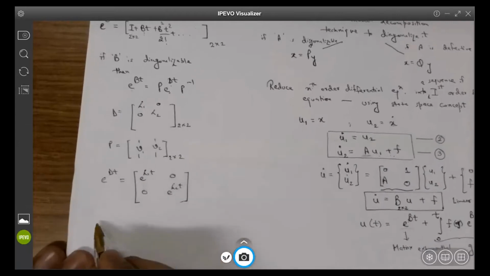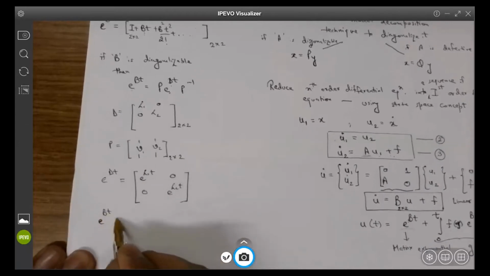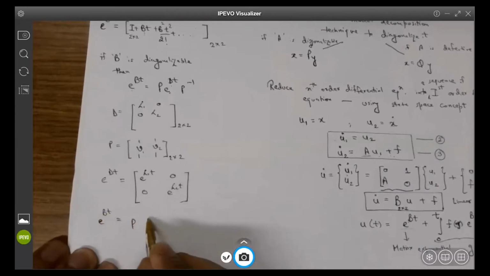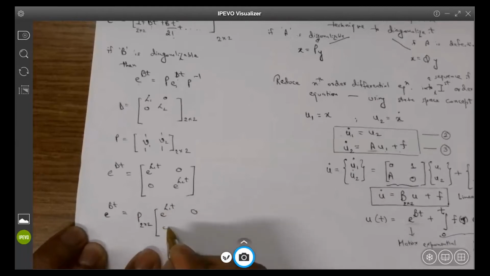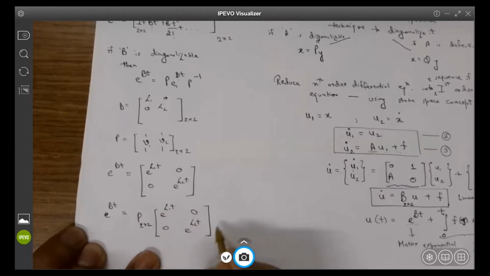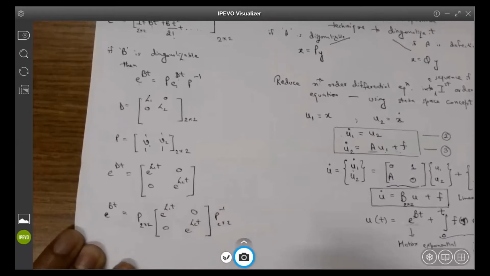So in essence, the matrix exponential becomes P, which is 2 cross 2, times the diagonal matrix of e^(lambda 1 t) and e^(lambda 2 t), times P inverse, which is 2 by 2. Let me know if you are following so far.